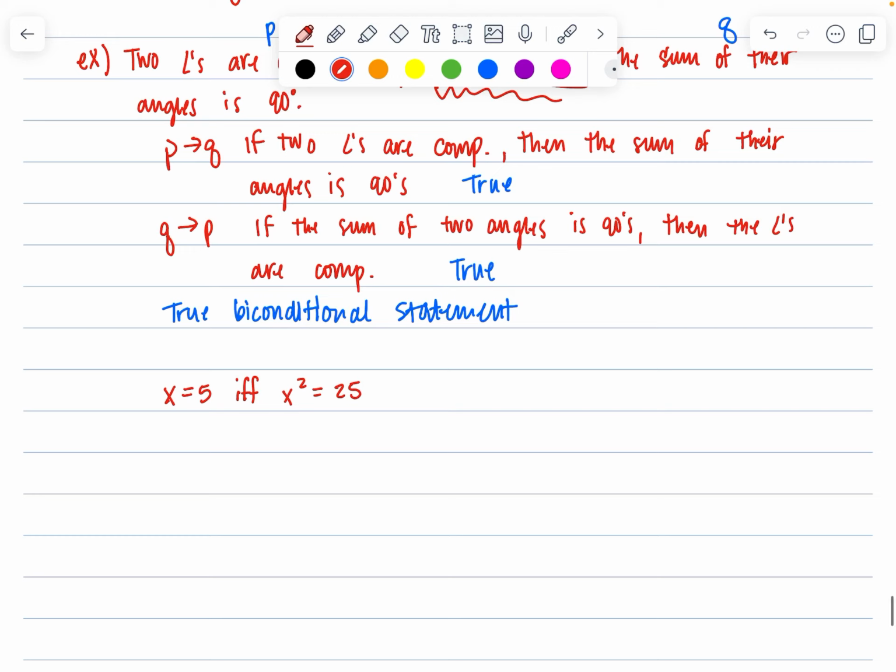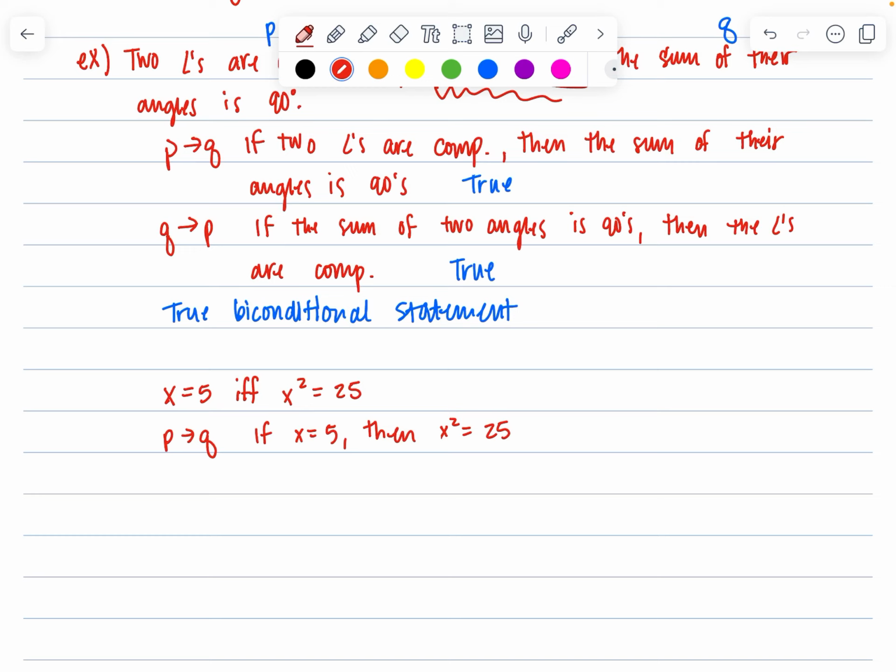If we break this apart, we could say P implies Q: if x is equal to 5, then x squared is equal to 25.